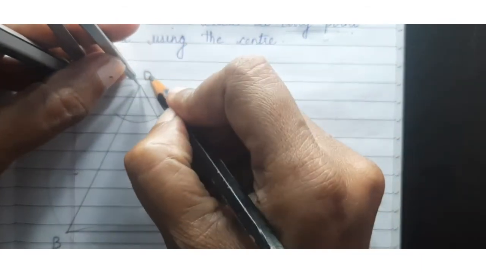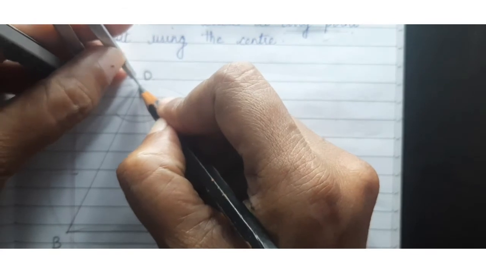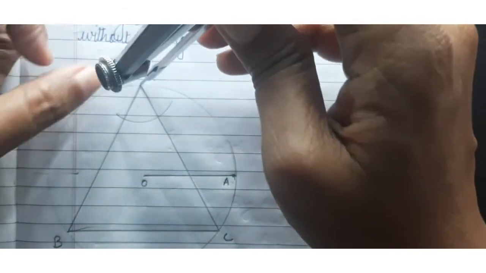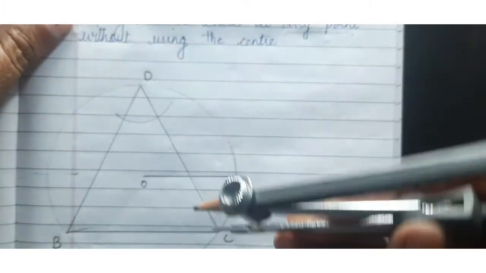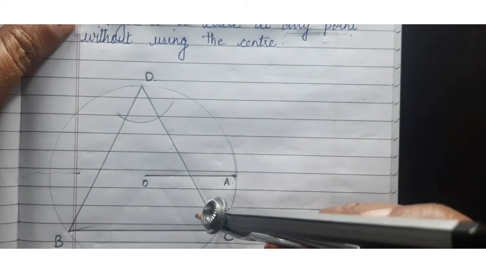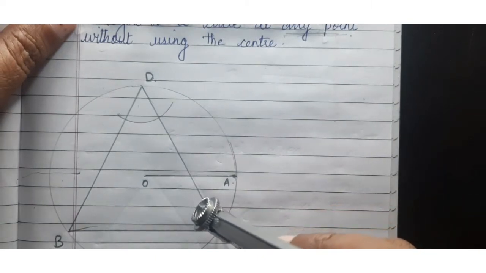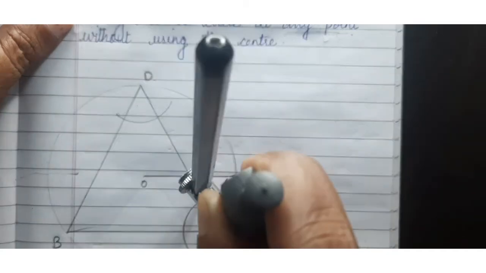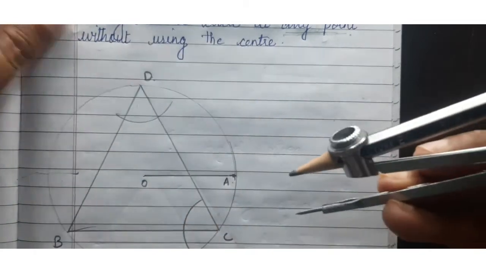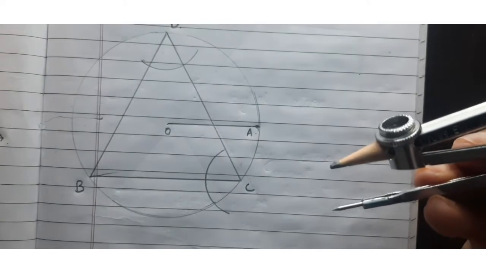So at D I have kept the pointer of my compass, and I have drawn the arc which is intersecting BD and DC at 2 points. Same way I have to keep the pointer at point C and draw the arc. Done. Somewhat like this figure you're going to get.